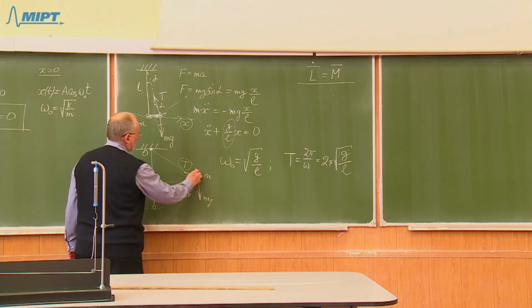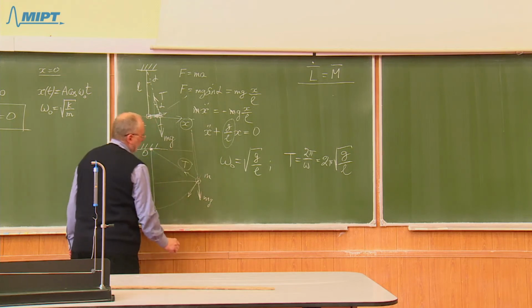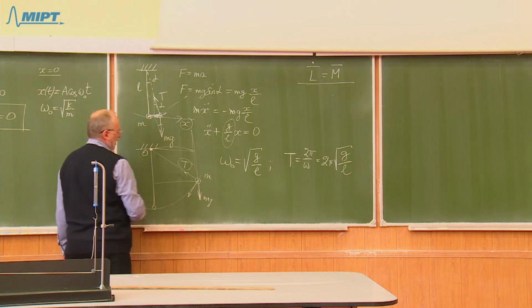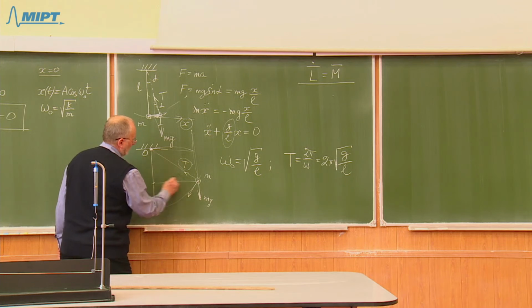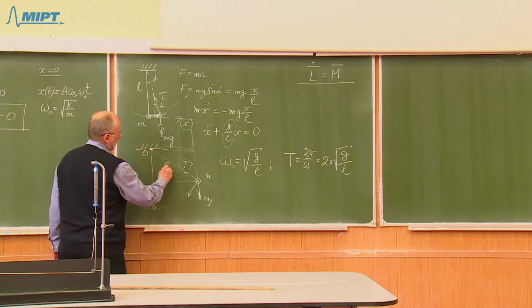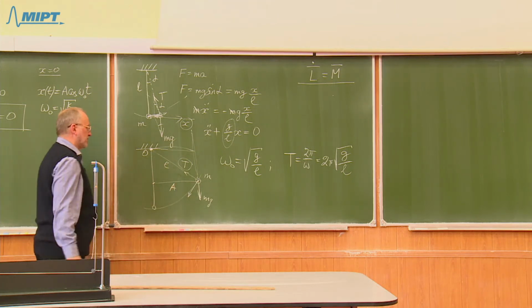The arm of this force will be the shortest distance between the line along which the force acts and the axis of rotation. So that will be the arm of the force, this distance. So if this is L, the arm of the force may be denoted by A, for example.